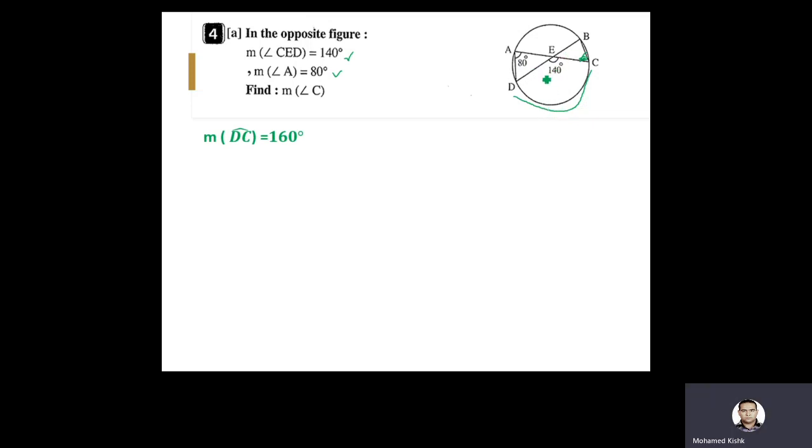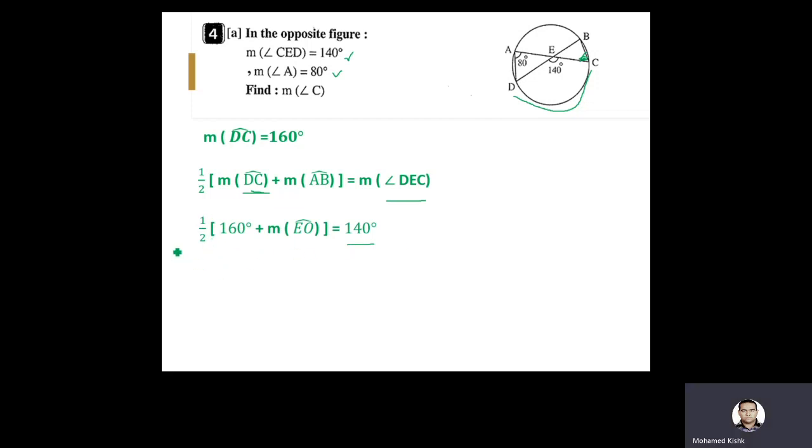Okay, we have the rule for the measure of the angle formed from the intersection of two chords, which is angle CED. It is equal to half the sum of the two arcs DC and AB. Instead of DC, we can put 160 degrees, and instead of this angle, we will put 140.